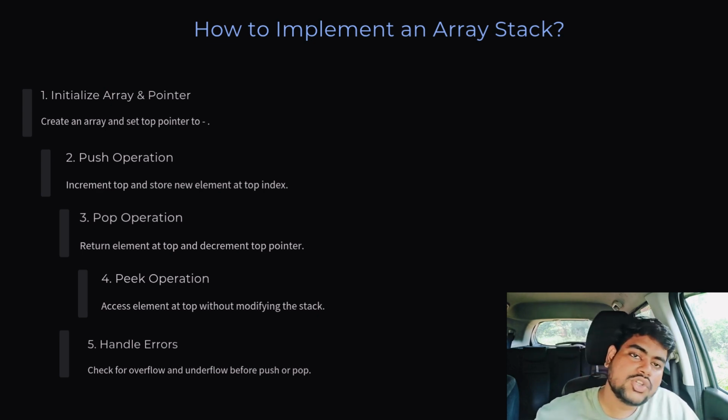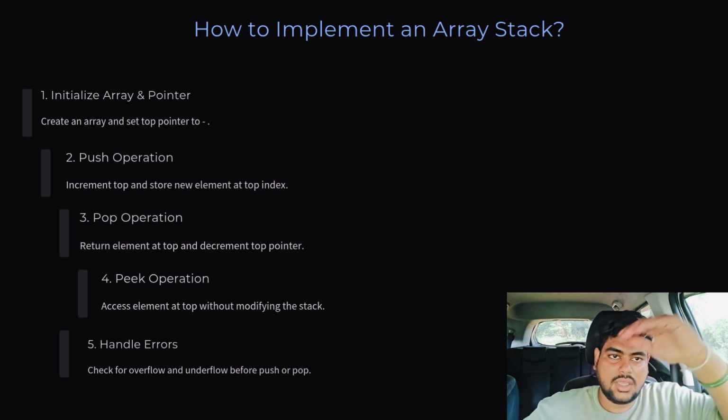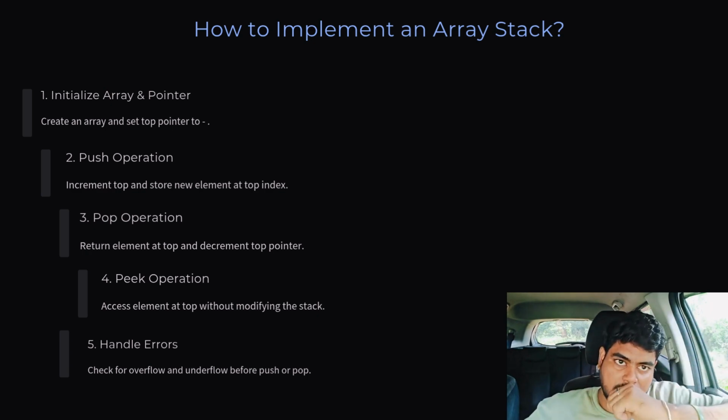Second, push operation. Increment top and store the new element at the top index. Push operations, as we talked about earlier, are simple. Third, pop operation. Return the element at top and decrement the top pointer. Top pointer means the highest, the last added index.